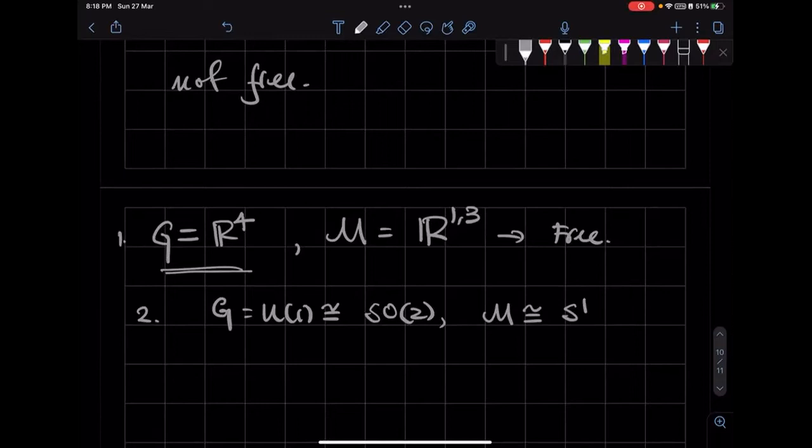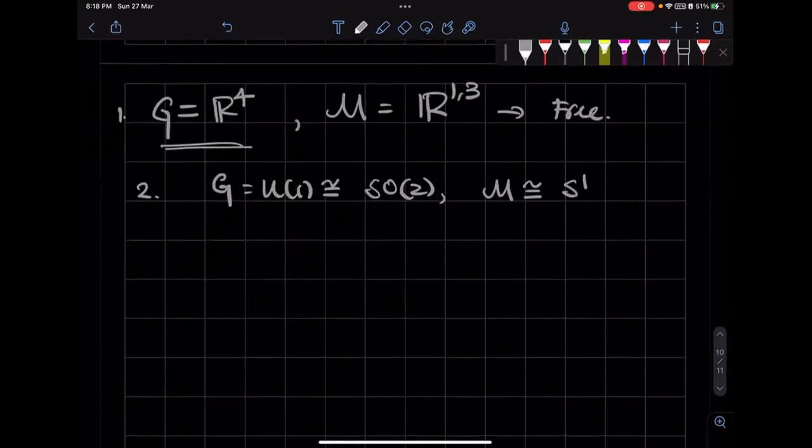Okay, so the next one is actually pretty similar, but sometimes gets confused with free. And number 3 is the effective. A group action can be effective. Okay, so what is effective?